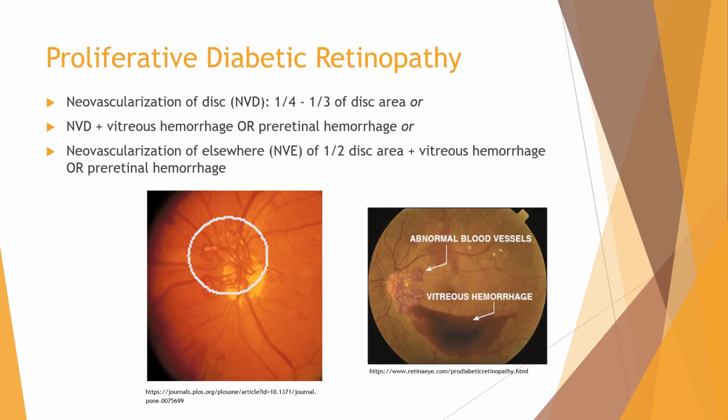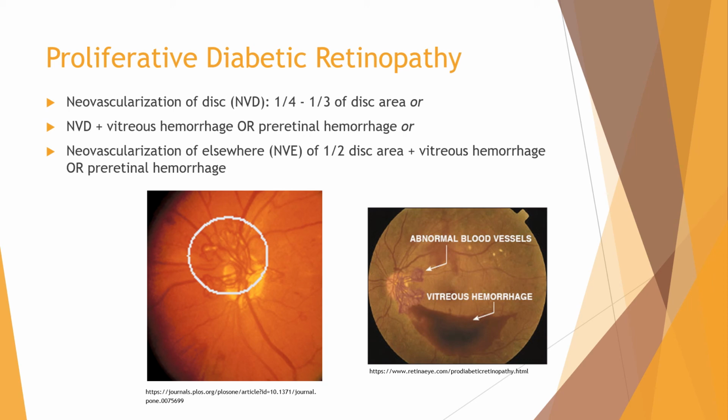High-risk categories of proliferative diabetic retinopathy include neovascularization of the disc, where the extent of that neovascularization needs to be more than a quarter to 1/3 of the disc area, or neovascularization of the disc plus vitreous hemorrhage or preretinal hemorrhages.